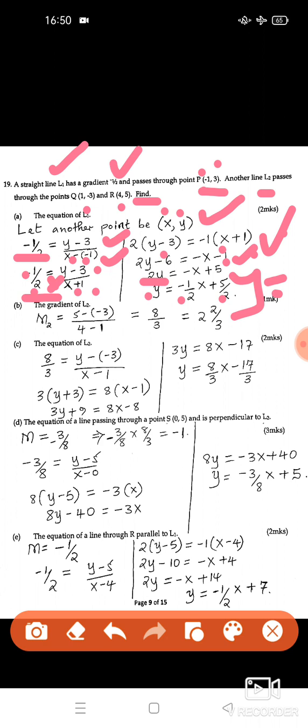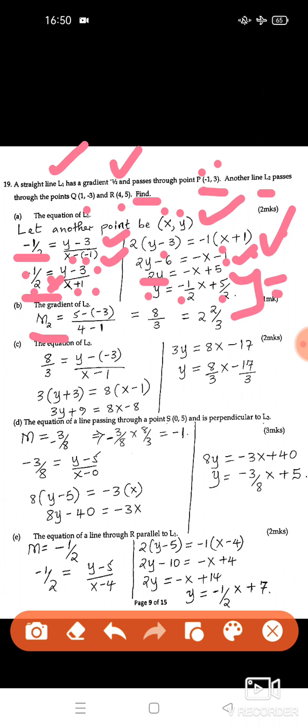Then part B, gradient of L2. So we need to get the gradient. We can call it M2, such that again we use change in y divided by change in x.